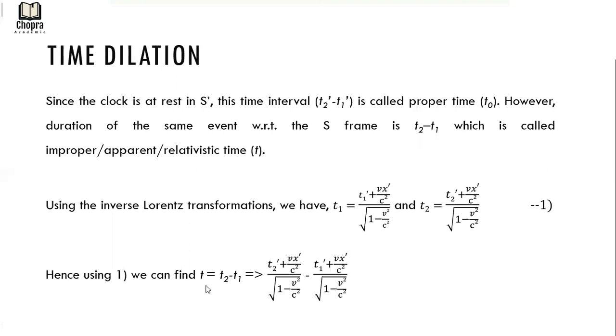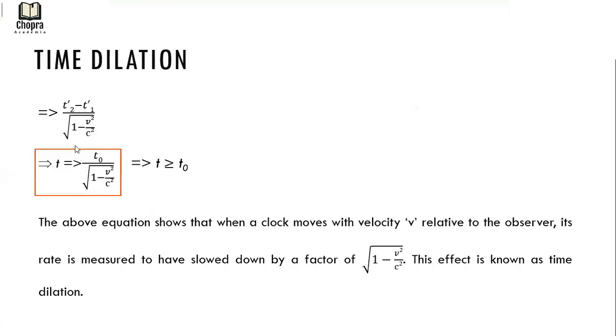So straight away, if I were to find what is T, which is the relativistic time, that is T2 minus T1, straight away these factors get cancelled out, which are the Vx dash by C square factors. So I straight away get T2 minus T1 is equal to T2 dash minus T1 dash by root of 1 minus V square by C square, or T is equal to T naught by root of 1 minus V square by C square, wherein you see here time gets dilated.